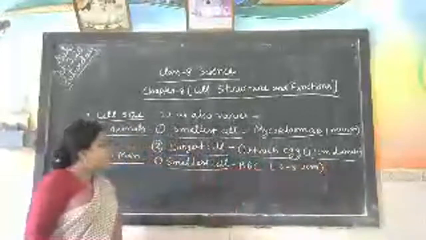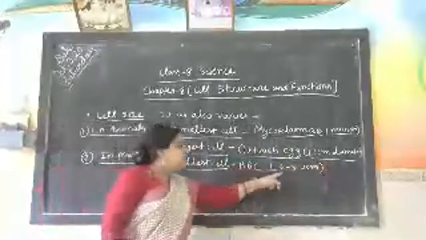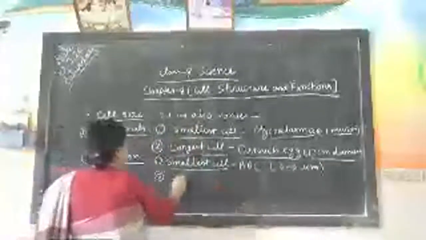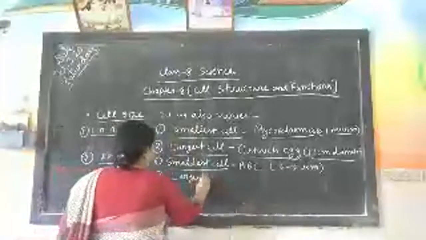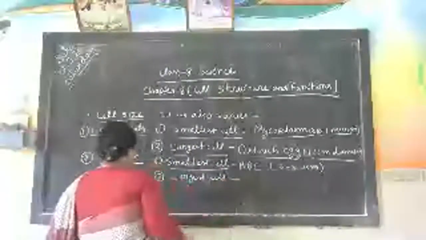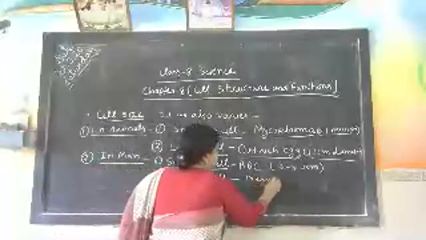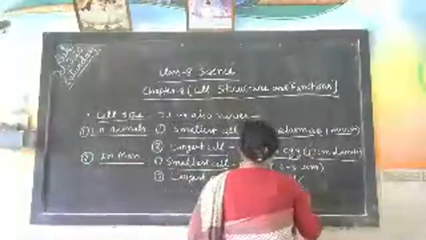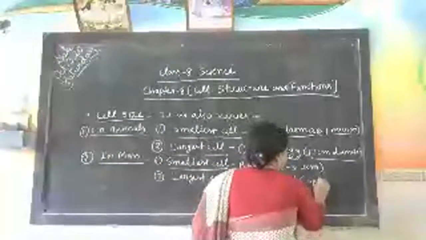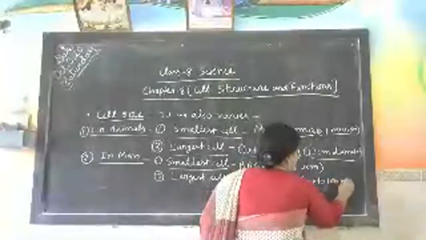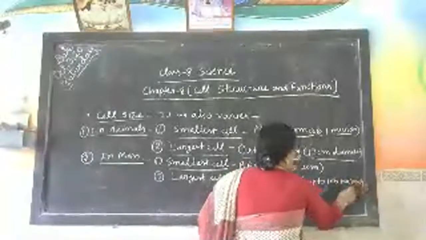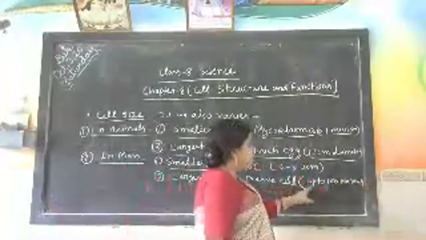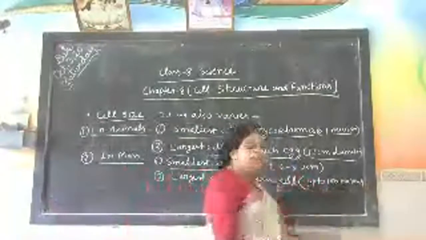RBC is about 6 to 8 micrometer. And the largest cell is nerve cell. The largest cell is nerve cell. It is about up to 100 microns.